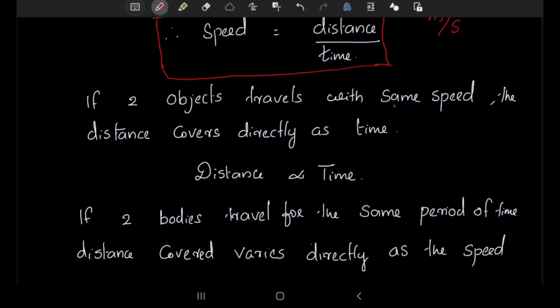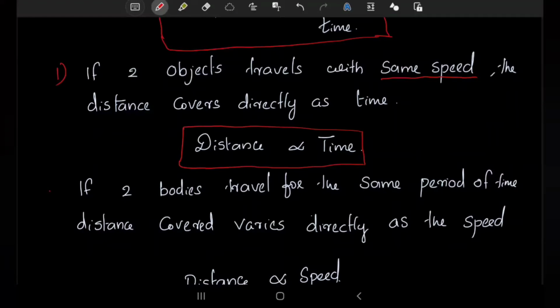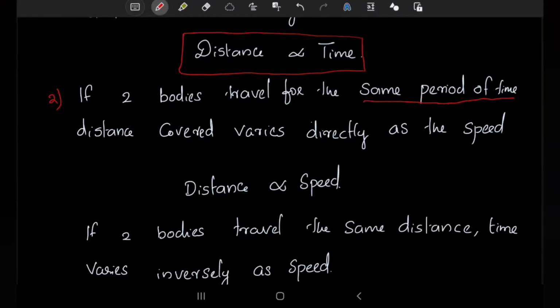This is the first condition: if two objects are traveling at the same speed, the distance traveled is directly proportional to the time taken. Next, if two bodies travel for the same period of time, that is the time remains constant, then the distance covered depends on the speed.